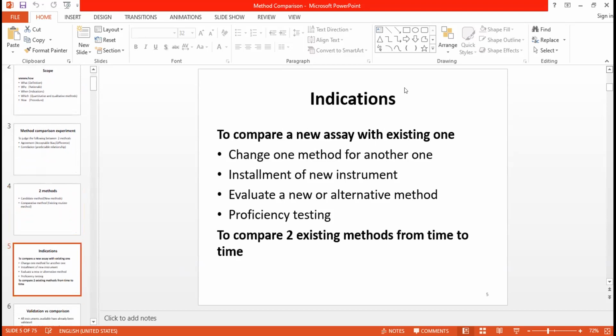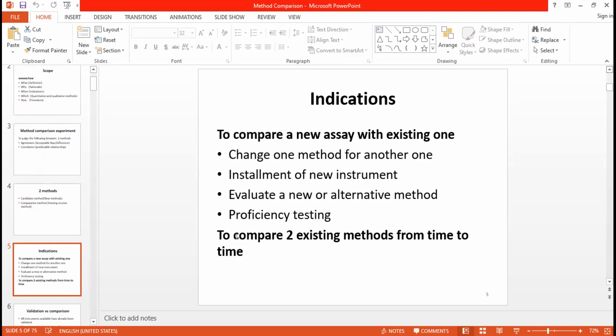You will be doing a method comparison experiment when you have changed your old method with a newer one, or else when you have installed a new instrument. Sometimes you will be doing the same to evaluate a new method.